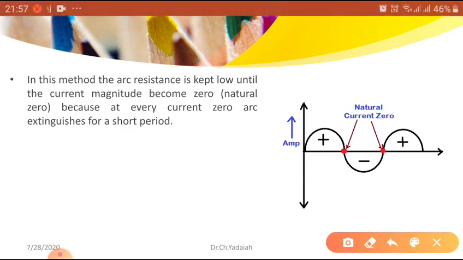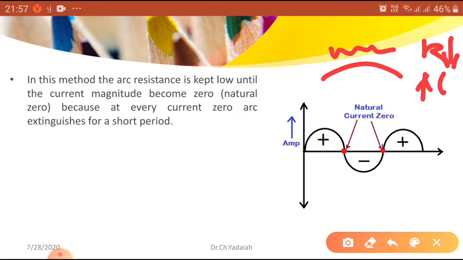We have some arc resistance. If you keep the arc resistance low, the current will increase more and more. The current has to come to this point always, because of the natural 0 point. We have to wait for it. The natural 0 has to come in AC.